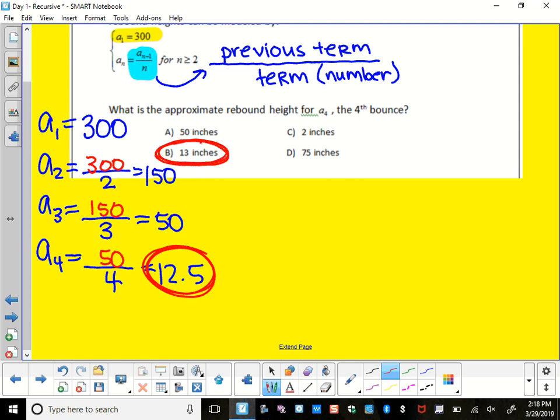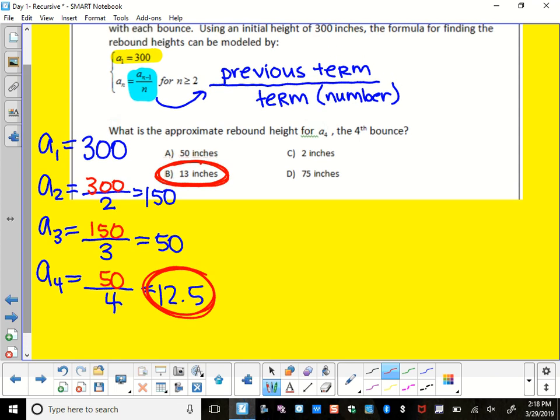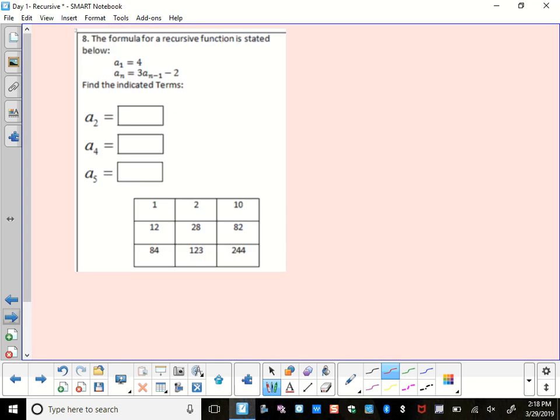Please believe that this is an SOL question, so if you were to divide everything by 2, I'm sure that's an answer choice. They want to confuse you. Make sure that when they say term or number, it's matching whatever your number is right there. So 2 and 2, 3 and 3, 4 and 4, so on and so on. Does that make sense?